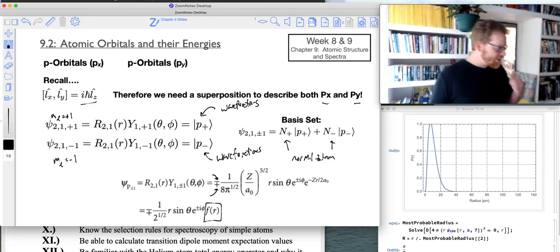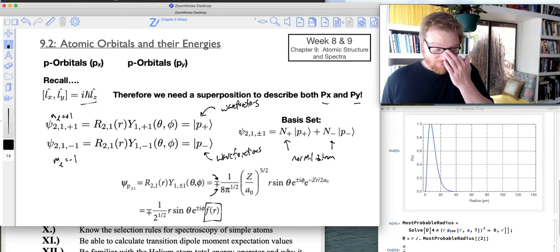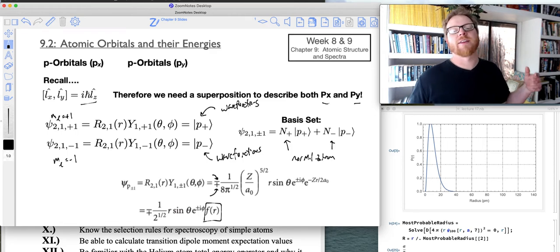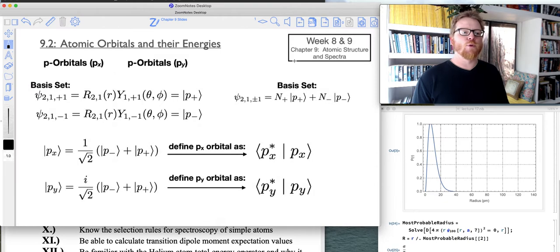And so hopefully you can see where this is going. That's what creates the mathematical rationale for calling this either px or py. We still don't know which one is px or py because we have to apply our superposition. Okay? So moving on. Once again, we remember that psi 2,1,+1 is p plus and psi 2,1,-1 is p minus.